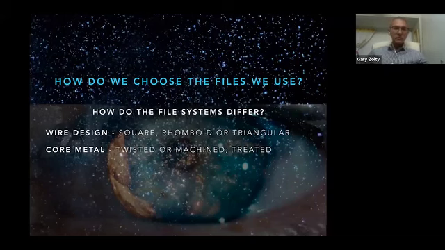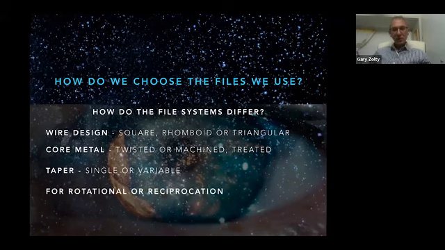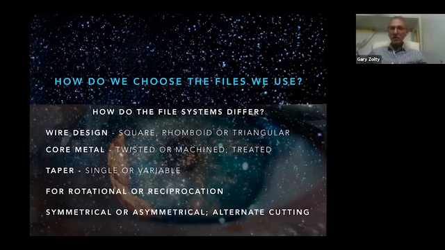The core metal, is it twisted, machined or even treated? The taper, is it single or variable? Is the file system for rotational files or reciprocation? Does the file rotate symmetrically or asymmetrically with a bit of a wobble? Some of them even have alternate cutting.